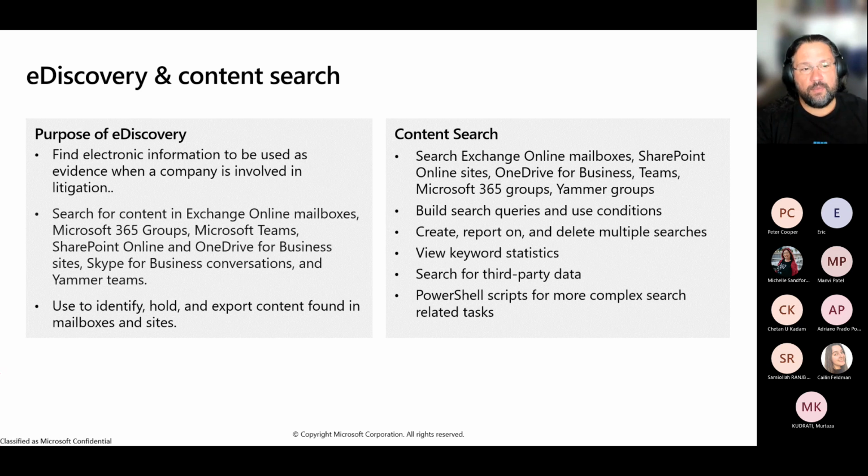So eDiscovery provides that proof that, as at the time it was captured, it hasn't been modified. Content search is a little bit less serious, but it still has the ability to search through the same data sources, but with better tools to search through. But you're not going to put that hold on the data like you would with eDiscovery.